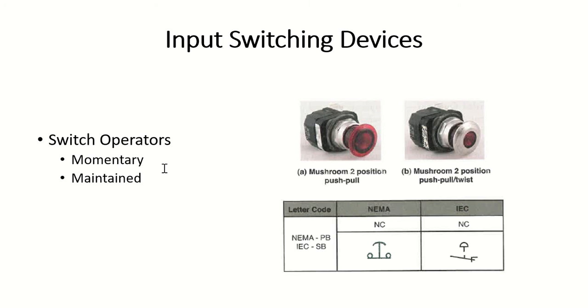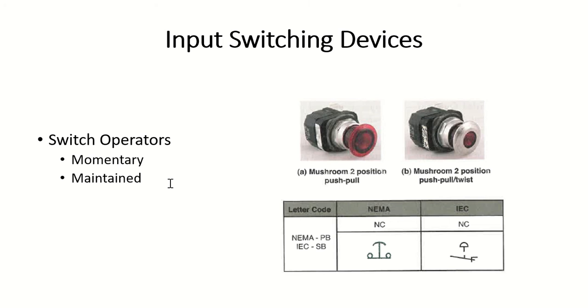A lot of times you're going to see a maintained set of contacts used with emergency stops. And I know we're not in our classroom right now, but all over my motor control classroom, I've got E-stops.